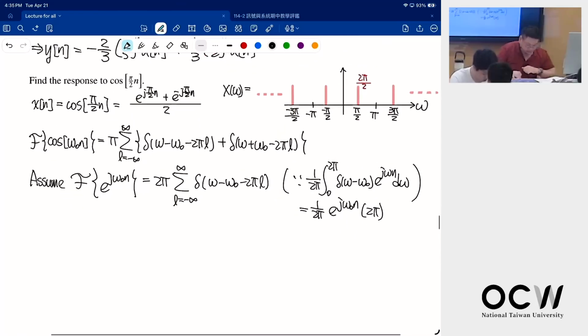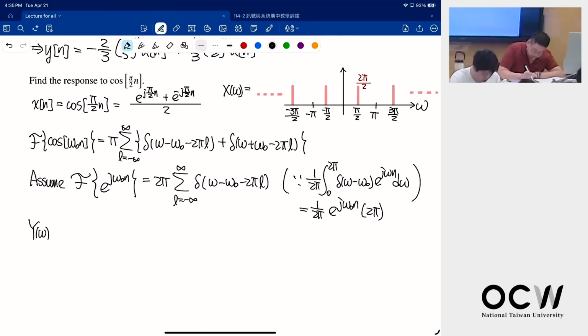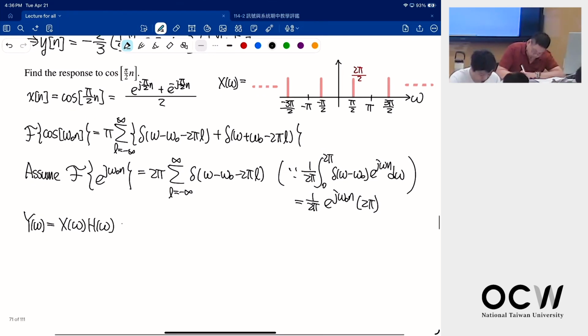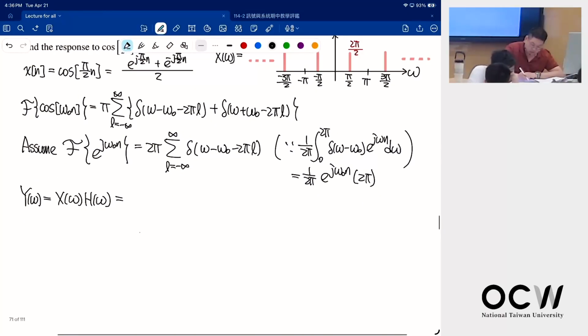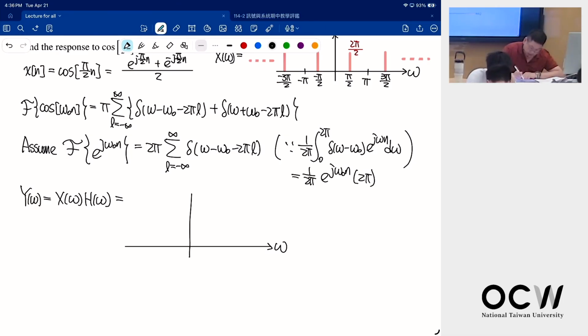So the output will be, since my input in frequency domain is like this, once I multiply by h, I still have values at those points, but multiplied by something. That means the output looks like this. At pi over 2, 3 pi over 2, I have a value.